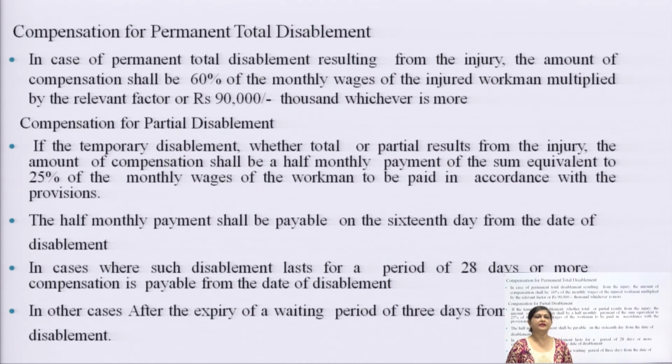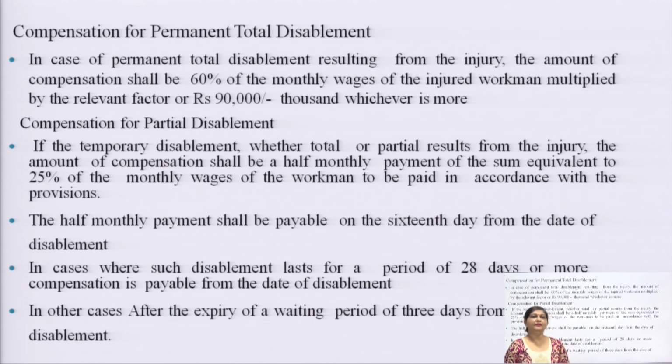If the temporary disablement, whether total or partial... in total disablement the worker becomes unable to work, and in partial disablement he has lost some of his body part. So, he is unable to work.